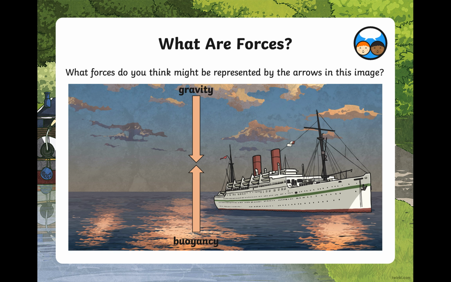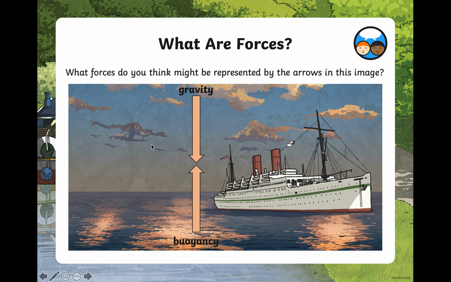However, if the boat is moving in a direction, the water will have a force called water resistance on the object, opposite to where it goes. So if the ship is going that way, the water resistance would be this way, in the opposite direction. But right here, for gravity, we have buoyancy.